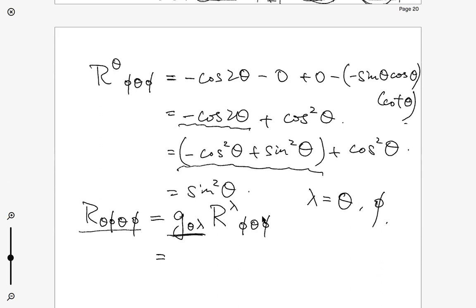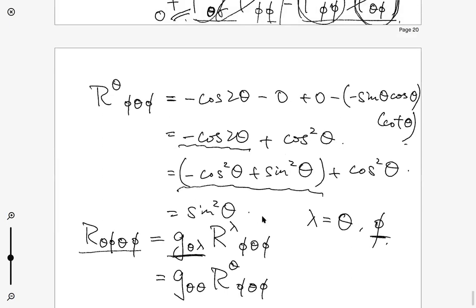If lambda is phi, then that would be off-diagonal components, right? So it would be 0. So only the terms consisting of g theta theta would survive, right? Something like this, right?